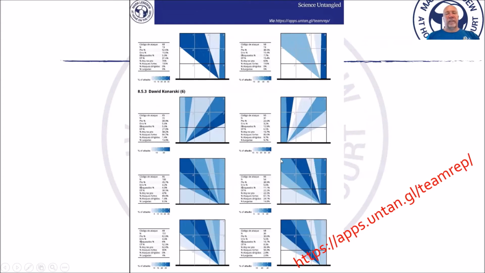This kind of thing obviously works best if you have a relatively large set of data. As you can see from the ends here, we actually have 150, 180 attacks from each attacker. And of course, from that we can get a really good, clear understanding of what it is that they prefer to do.